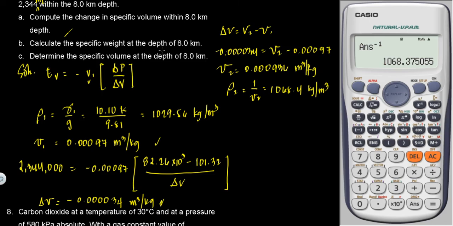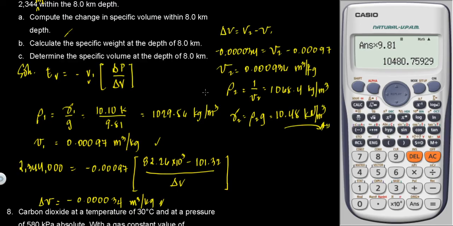Then, masasolve mo na ngayon yung specific weight. Specific weight is equal to, there. So, let's multiply this by 9.81. And that is equal to 10.48 kilonewton per meter cube. So, ito na yung answer mo.